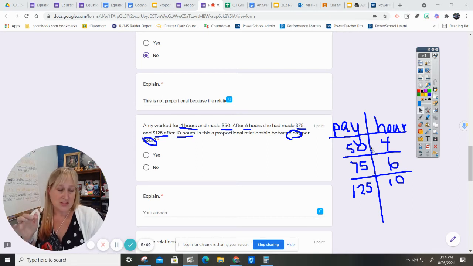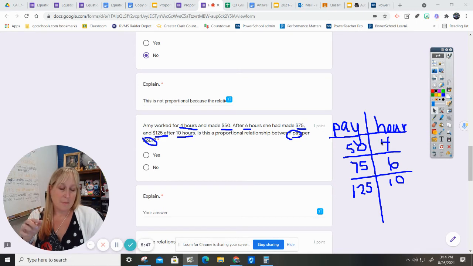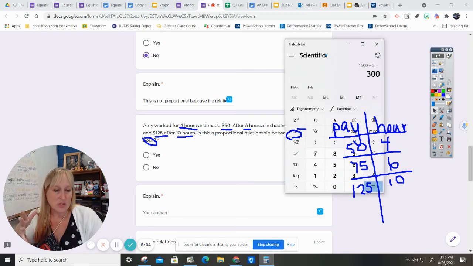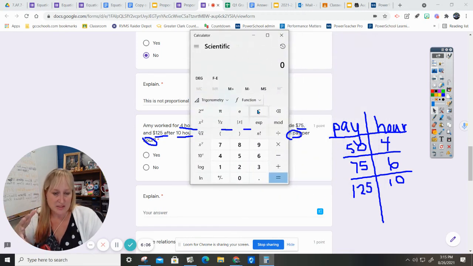Now I think I'm going to do the same thing. But my brain immediately, because of the way that this looked, and I chose to put it on the table, I want to do 50 divided by 4. But my common sense, that makes sense because I want to know how much I get paid per hour. So let's just try it.